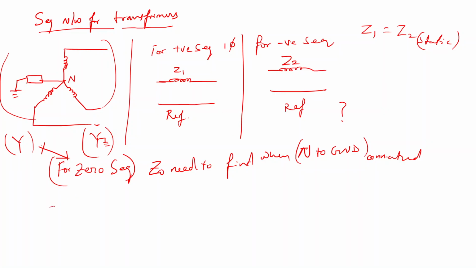Same case, say for example, if the transformer is delta connected, whether the neutral is connected to ground here, whether it is possible to connect my neutral with ground. No, sir. So what is the conclusion?